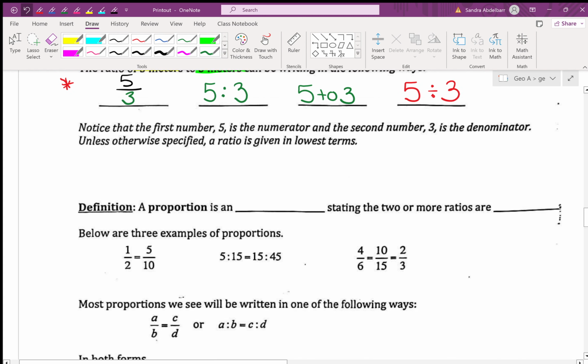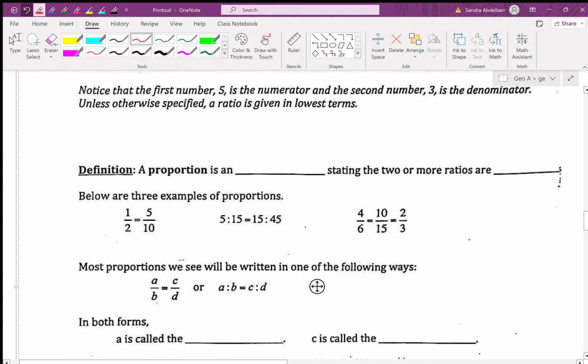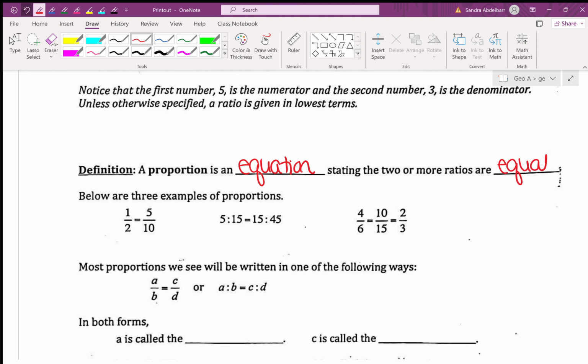Okay, a proportion. A proportion is an equation stating that 2 or more ratios are equal. Now, there's ways to check that a proportion is true.